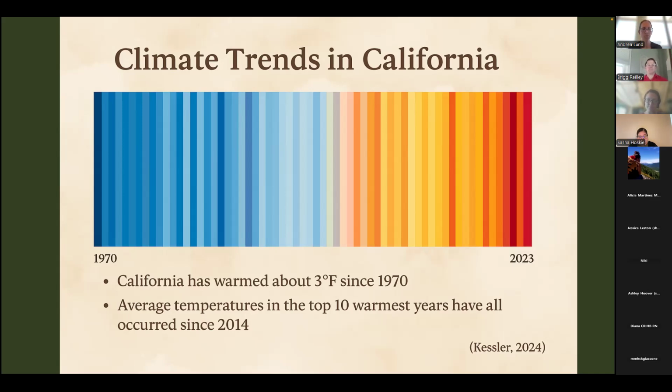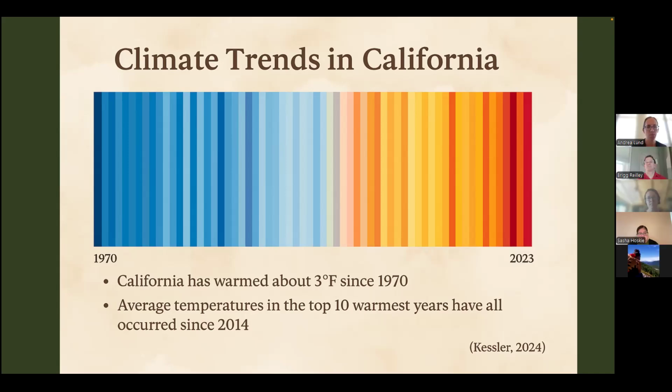So higher annual temperatures are contributing to these longer warm seasons, affecting the ecosystem, vector activity, and water storage. In the Central Valley and the interior regions, they're warming faster, especially in the summer months. That aligns with higher mosquito activity and even fire risk. It's all part of this circle.